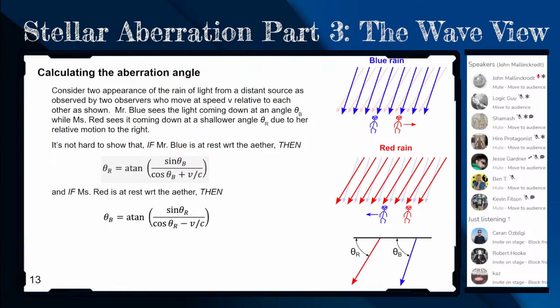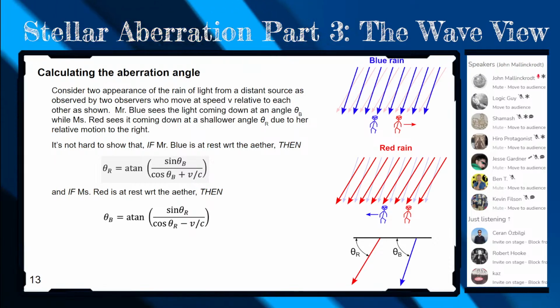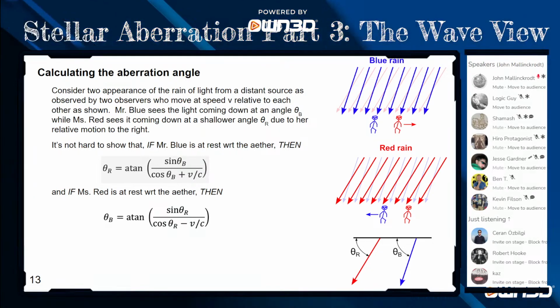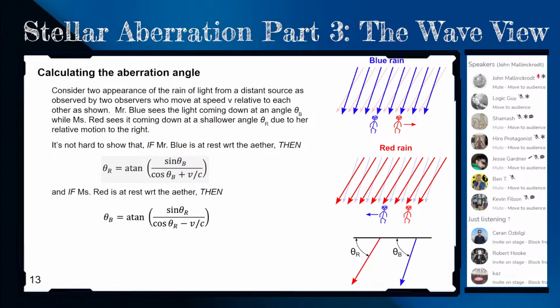What I really should be writing there is that the angle that either of them sees depends on the actual angle, by which I mean the angle in the rest frame of the ether, whatever that is. That should be the thing that I'm taking the sine and cosine of. And then it should just be a plus or minus v with respect to that frame.